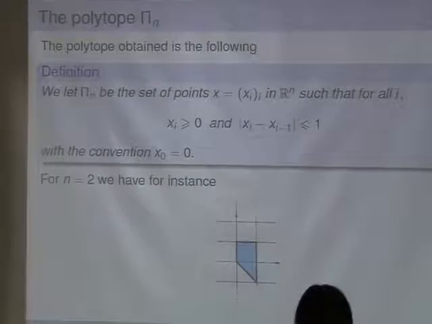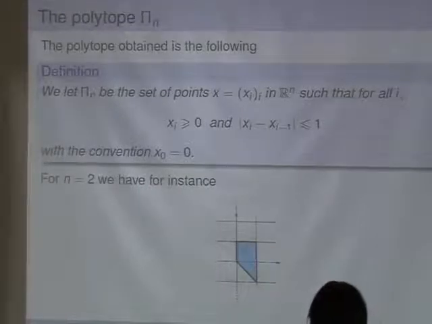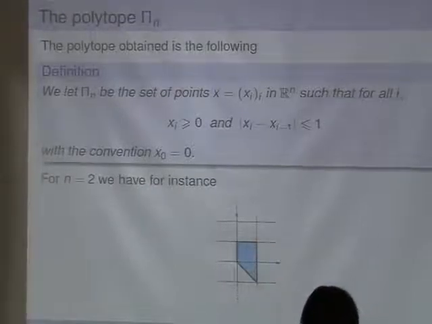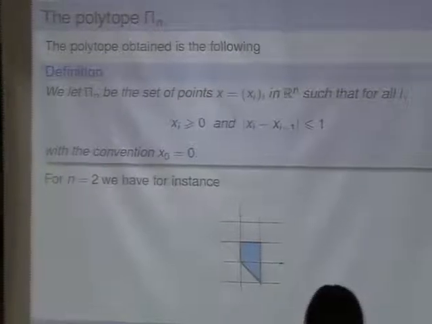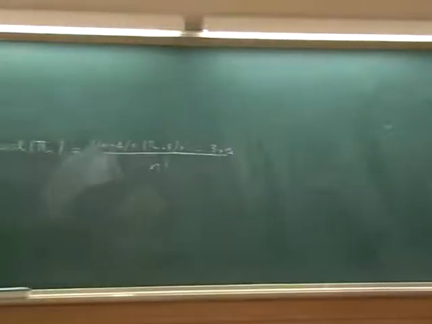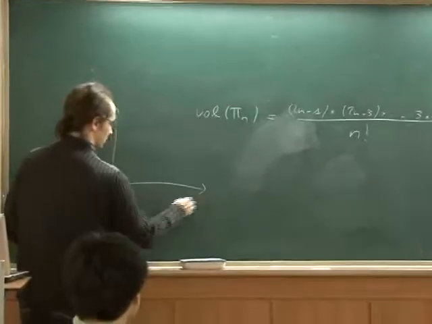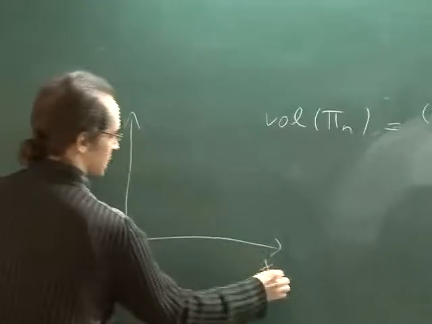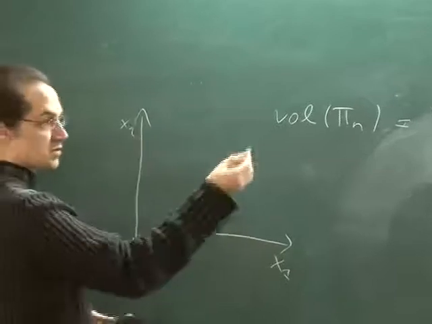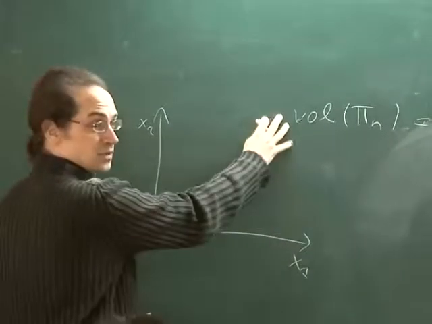Actually this example is wrong. It starts badly, but I will do an example for n equals 2. So x1 and x2 have to be positive, so it will be in this quarter plane.